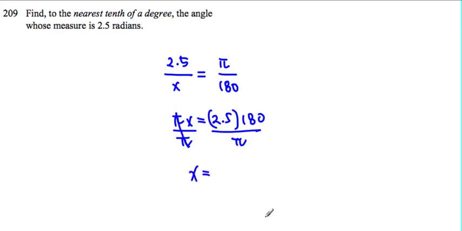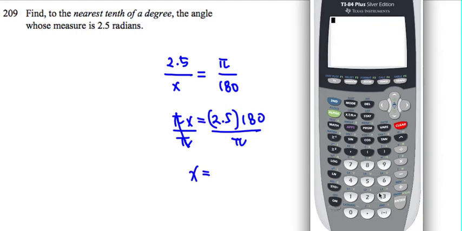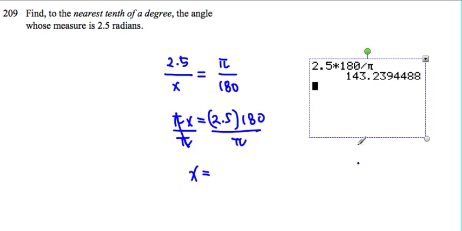Then x is equal to, let's calculate that here: 2.5 times 180 divided by pi. From here we get 143.2 degrees. There we go, to the nearest tenth of a degree.